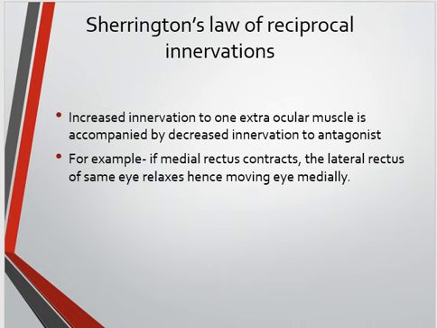So if the medial rectus is getting an innervation to contract, then the reciprocal innervation, that is, the inhibitory impulse, needs to go to the lateral rectus in equal amount to relax, and it should not contract. In case both contract, the eye is not going to move. So when one muscle is getting an impulse to contract, the other has to get an equal amount of impulse to relax. That is Sherrington's law of reciprocal innervation.